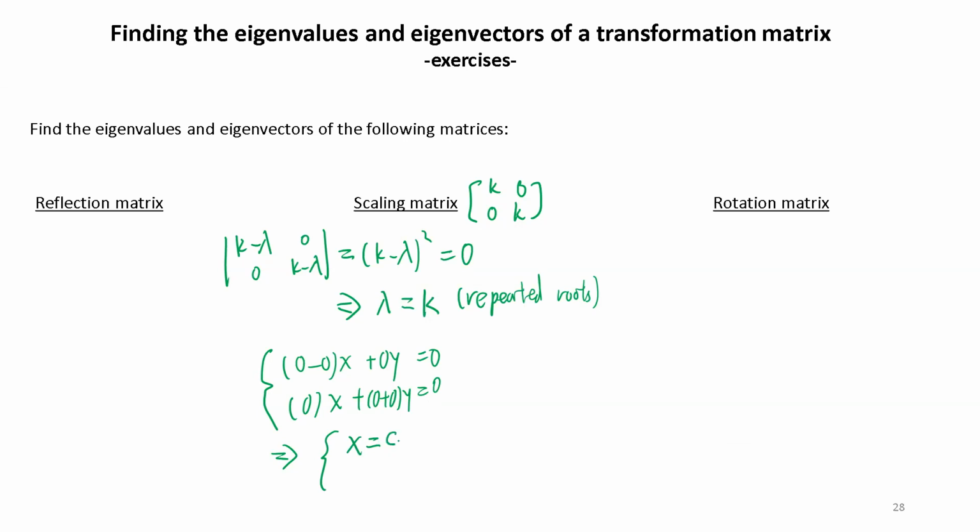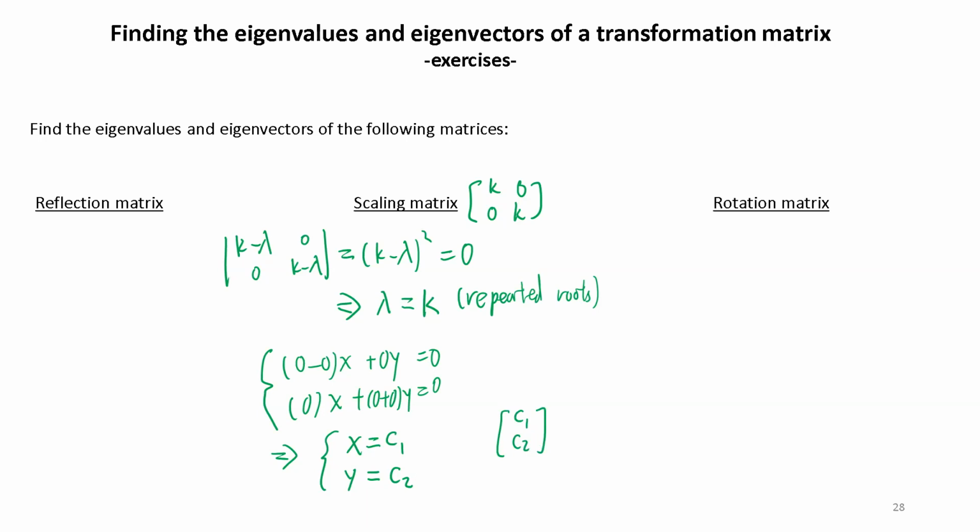So I will just call this C1, and then y can be anything also, and I call this C2. So C1 and C2 are unrelated. So then that means you can write your eigenvectors like this, and C1, C2, anything.